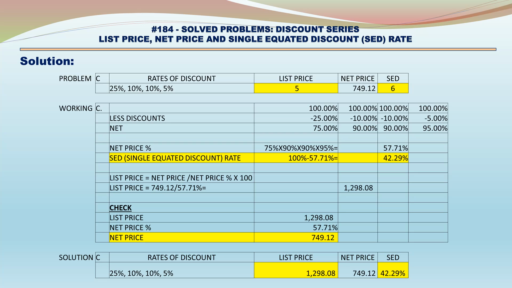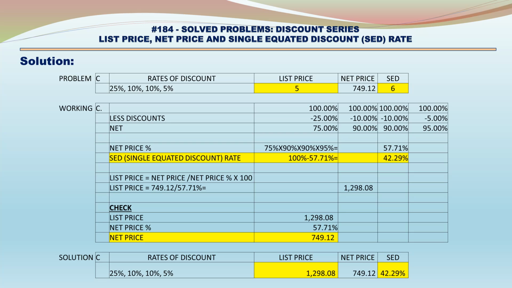Net percentage is equal to 75%, 90%, 90% and 95%. Net price is equal to 75% into 90% into 90% into 95%, which is equal to 57.71%. SED, single equated discount rate, is equal to 100% minus 57.71%, that is equal to 42.29%.